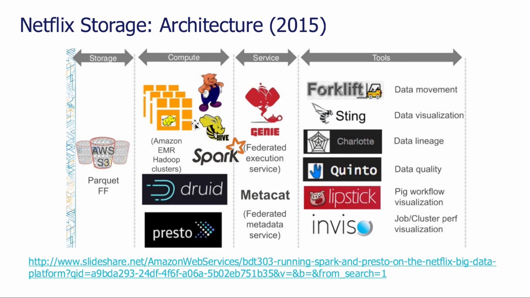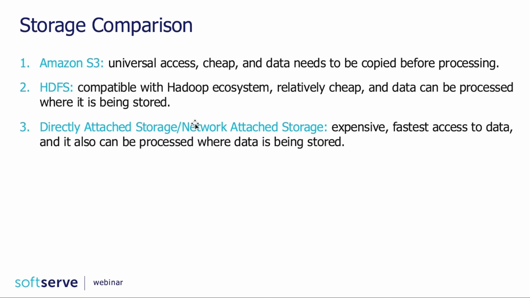And what does it mean? This means that the decision to keep data in a very universal, highly compatible storage like Amazon S3 allowed them to not change the storage, because if you have to change the storage each time you change the architecture or add a new tool, new component into your infrastructure, this will be a nightmare for the 350 engineers.